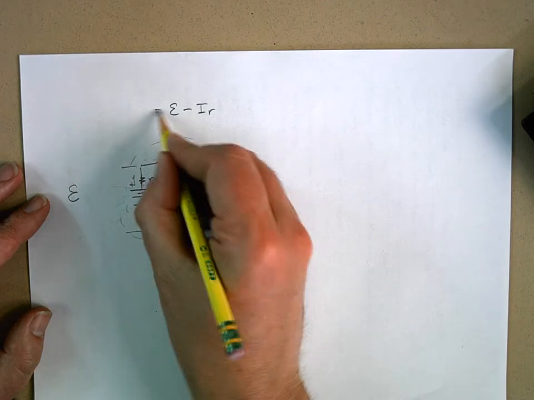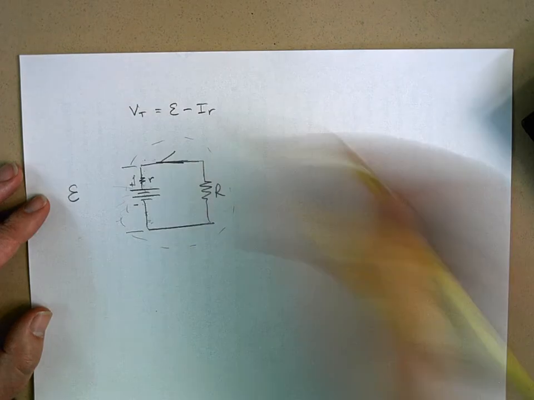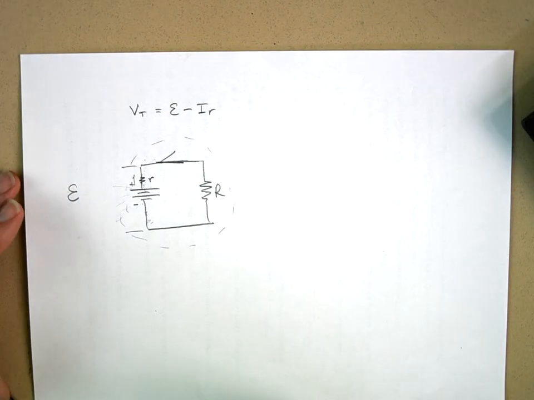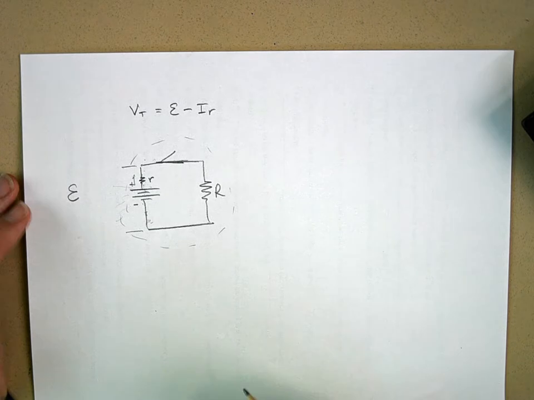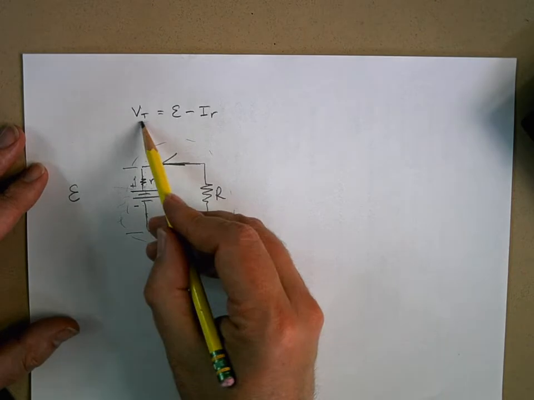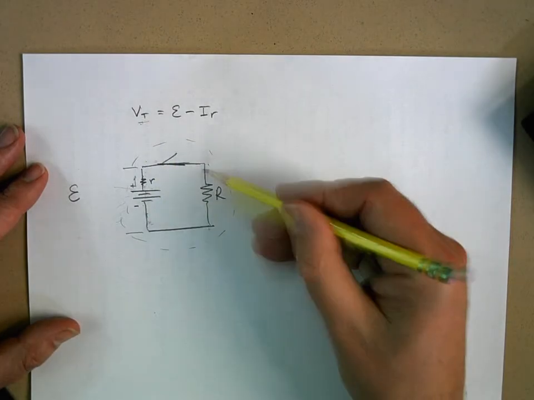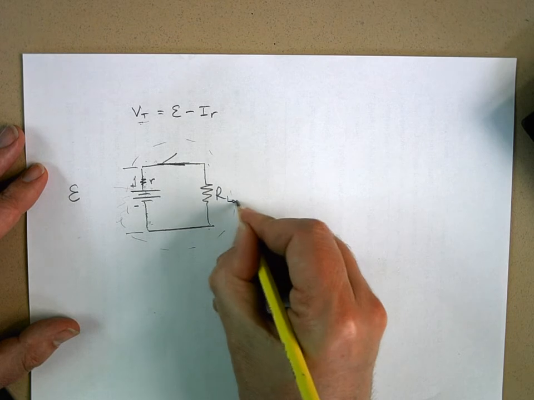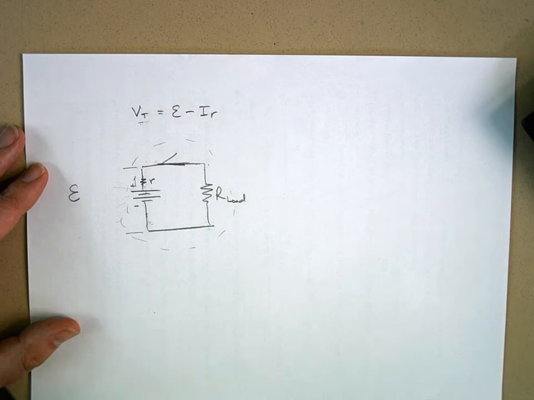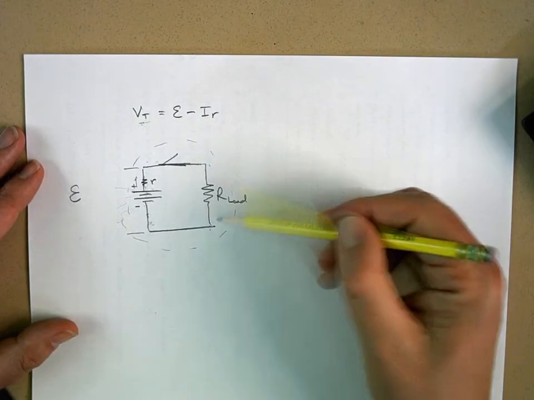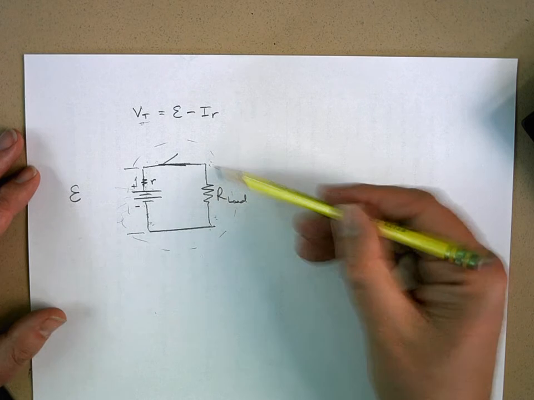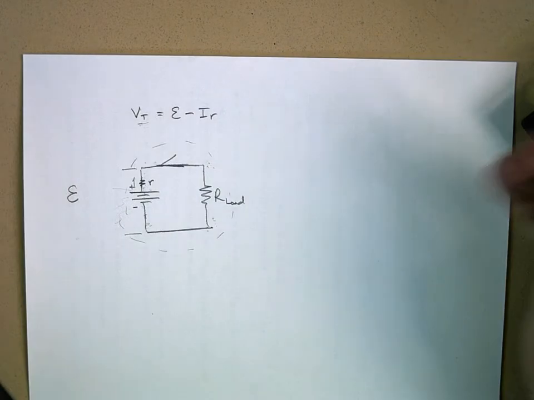Sometimes this is called V sub T, or the terminal voltage of the battery. And this is the voltage that's delivered to your load resistor, R sub L for load. And this is what you're trying to deliver a voltage to make something happen, a motor or whatever.